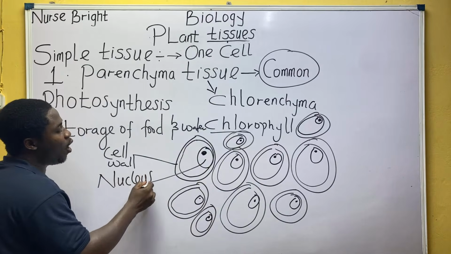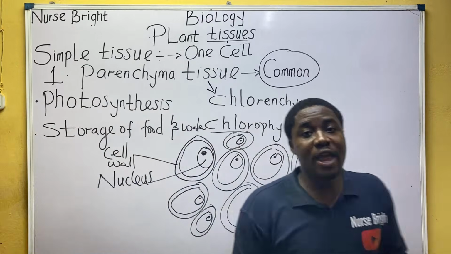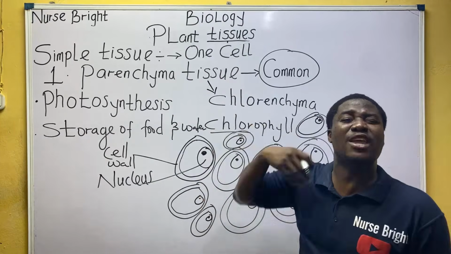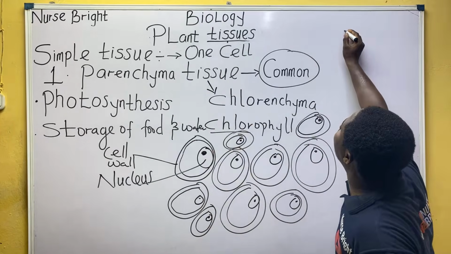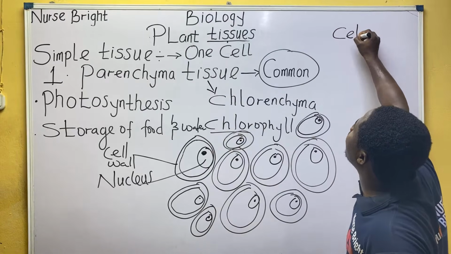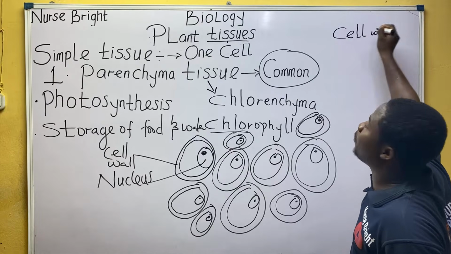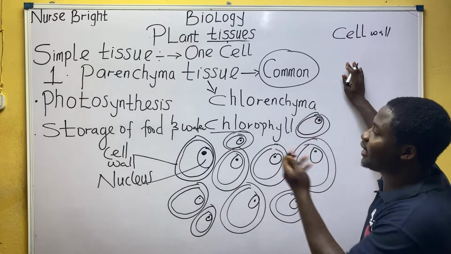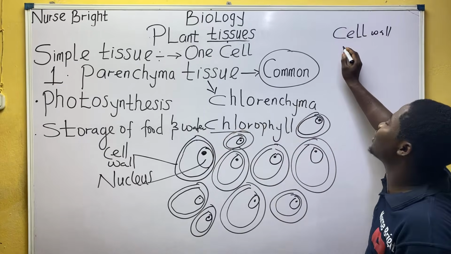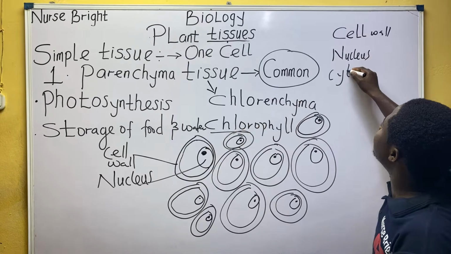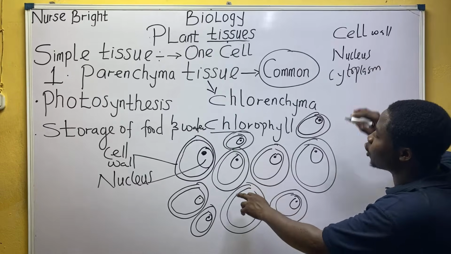If you are a cell, specifically a eukaryotic cell, because plants are eukaryotic, you have a cell wall. We also have a cell membrane, though the key point now is the cell wall. Cell wall, nucleus, and also the cytoplasm, which is where the reaction occurs.